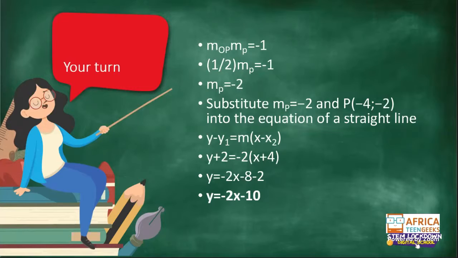Therefore, the circle here will pass through the origin 0, 0. The circle there will pass through the center of origin, which is 0, 0.